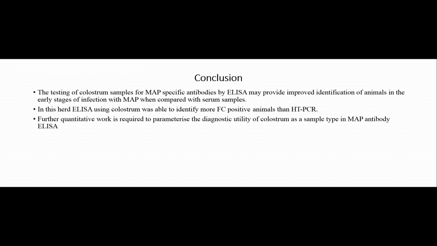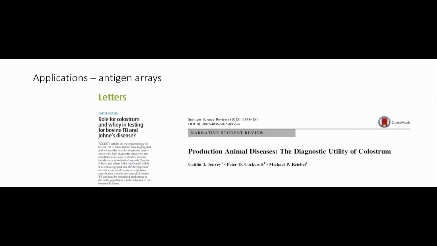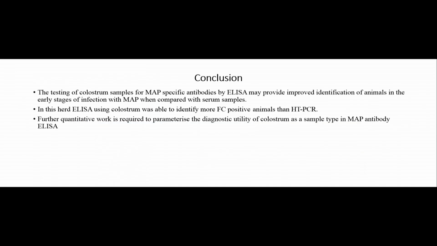It was able to identify 3 out of 4 of those positive animals, although there was a slight reduction in the specificity of that sample type. There is self-evidently a lot more work we need to do to characterize this, but I think there's a slight hint that colostrum may provide an improvement in the sensitivity when it comes to the MAP ELISA.